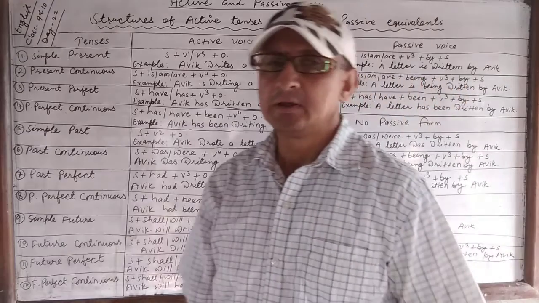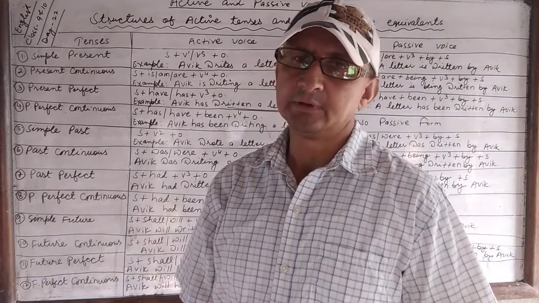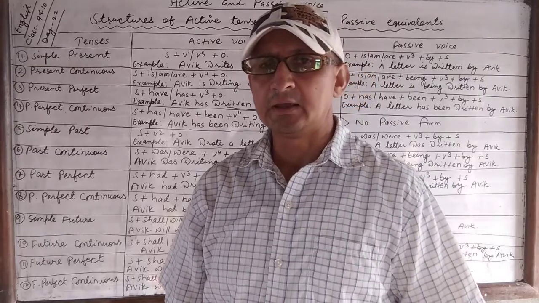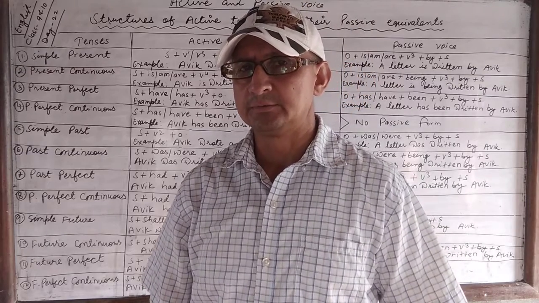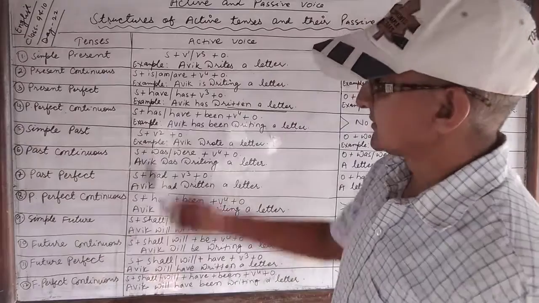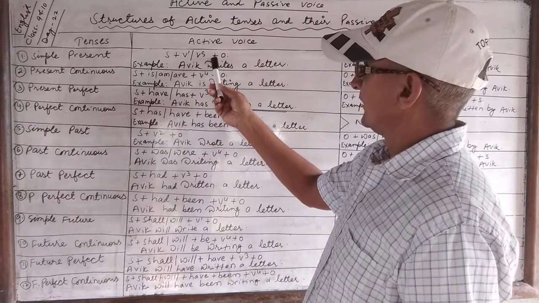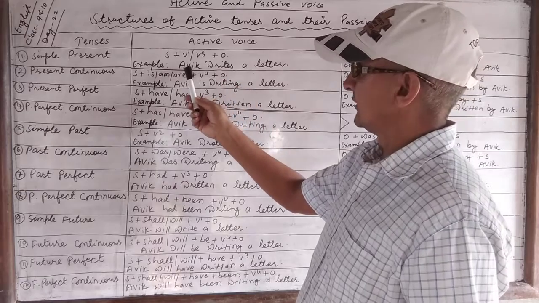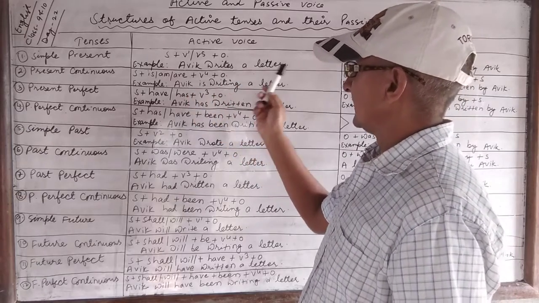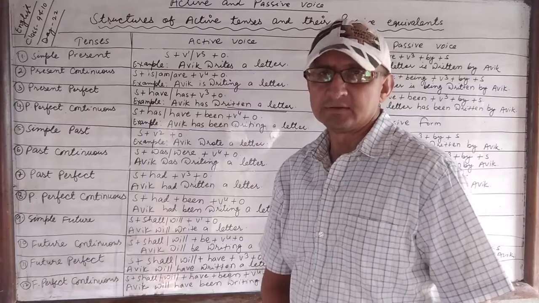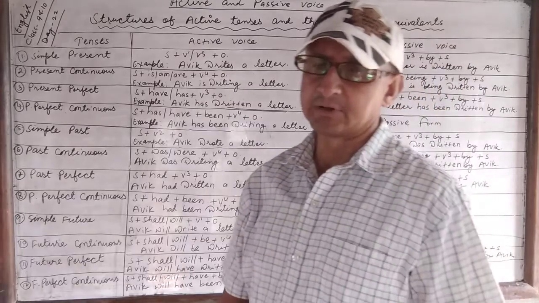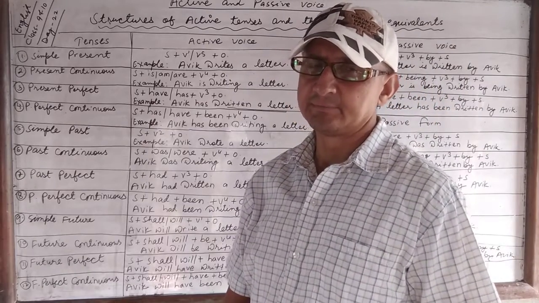Singular subject agrees with singular verb and plural subject agrees with plural verb. The example is Abik writes a letter. This is the structure and example of simple present tense.